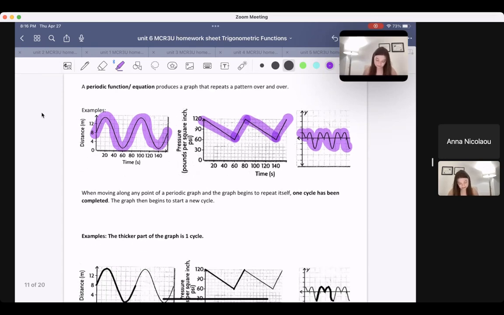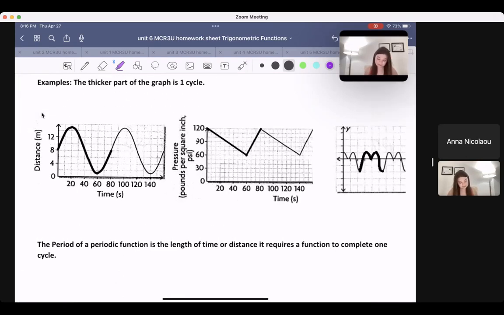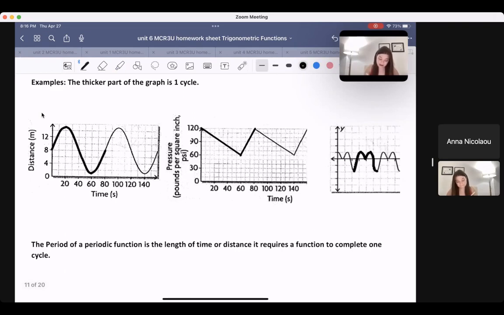So here it says, when moving along any point of a periodic graph, and the graph itself begins to repeat, one cycle has been completed. Here are some examples. They show how one repetition is one cycle. Here, for example, this graph goes up, down, and back here, and then it does it again, up, down, like that, and then again. So each one of those is a separate cycle, every time it repeats.